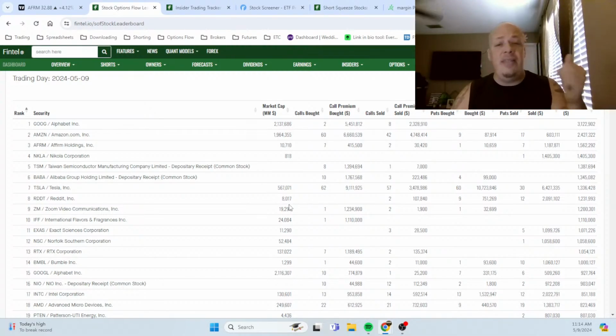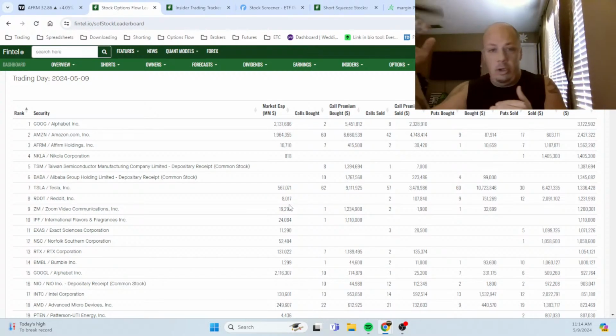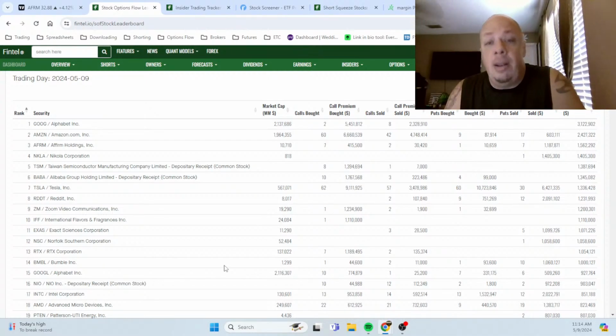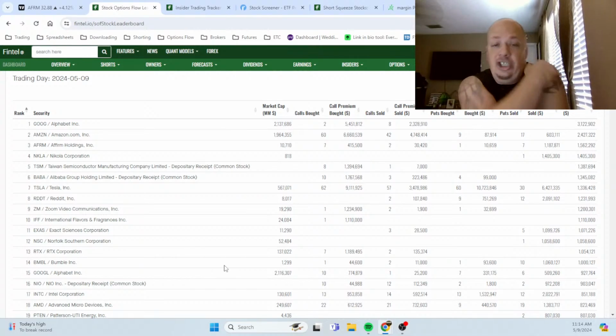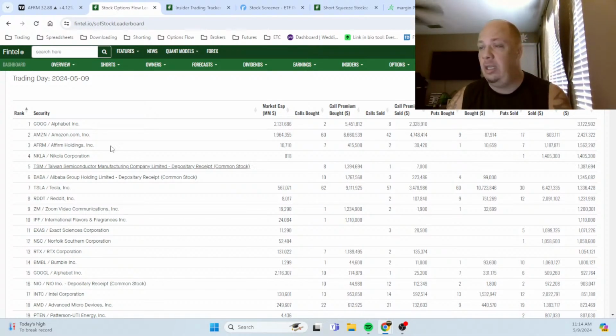So if we can find that propellant, this lopsidedness, and it confirms what's happening when we look at the chart and it's breaking out, that's the play you want to be in on. As long as you got a little more room to go, that's how you're going to get your 10 or 20, or maybe honestly today, if I would have stayed in the play, I probably would have got almost 100% because it just took off.